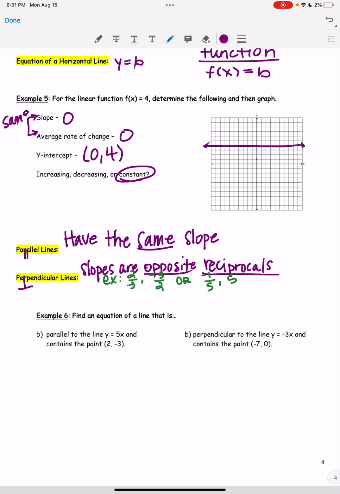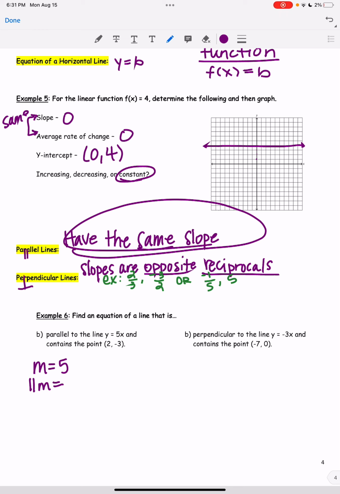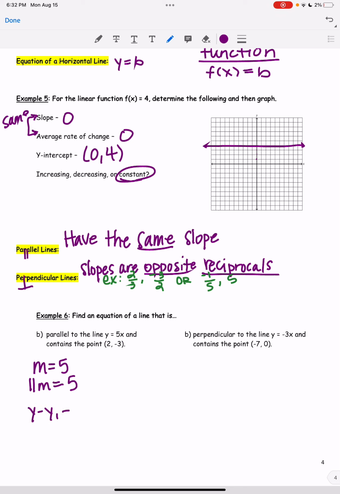So example 6, find the equation of a line that is parallel to the line y equals 5x and contains the point (2, -3). So in this equation here, my slope is 5. So my parallel slope, these have the same slope, so my parallel slope is also 5. So now I have a slope and I have a point. I'm using point slope formula. Point slope formula is y minus y1 equals m times x minus x1.